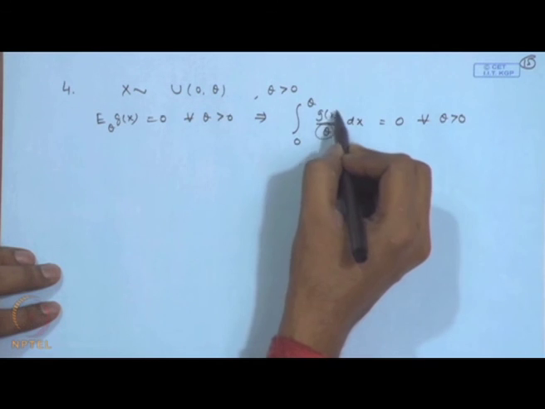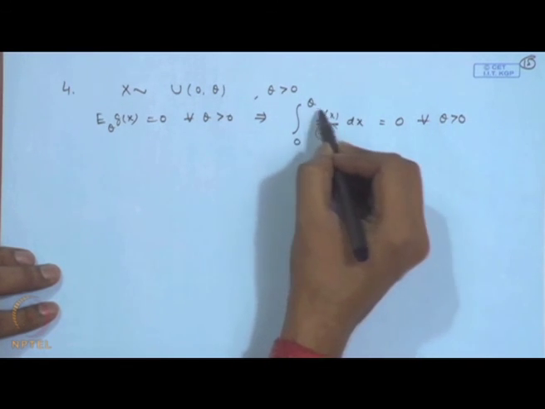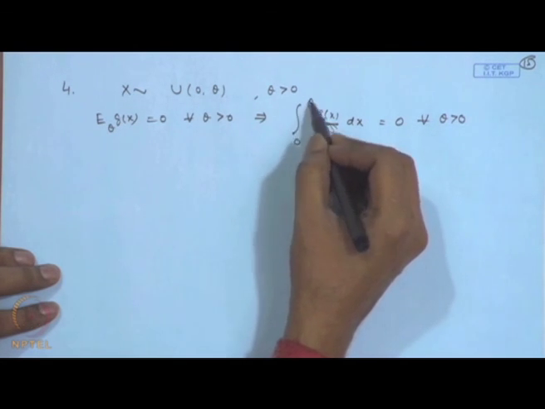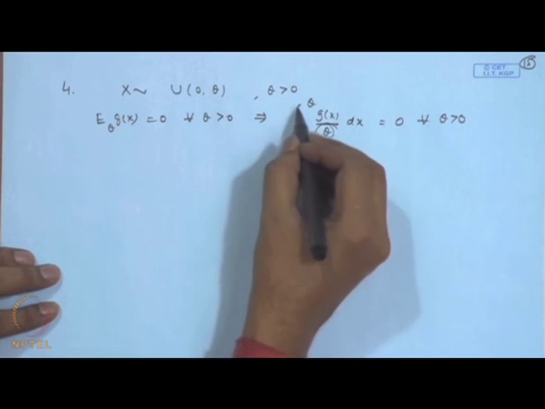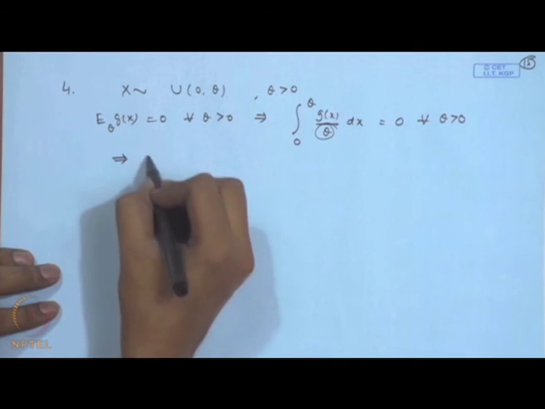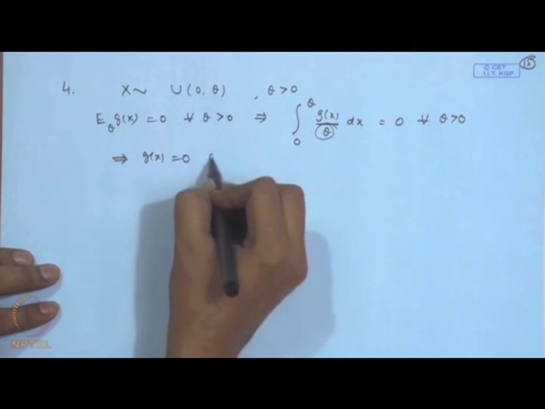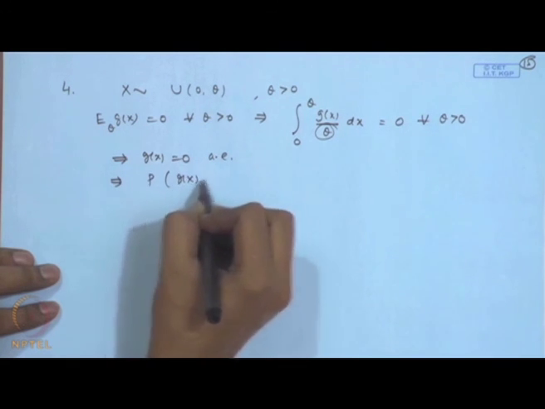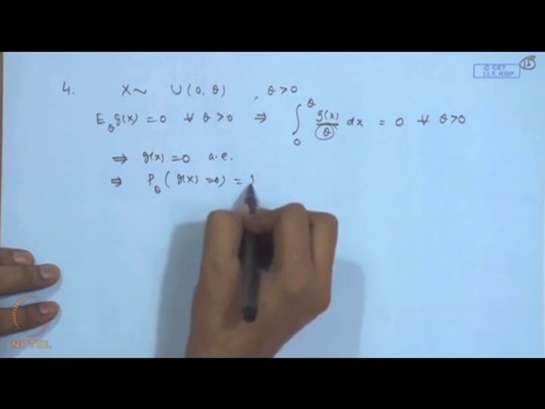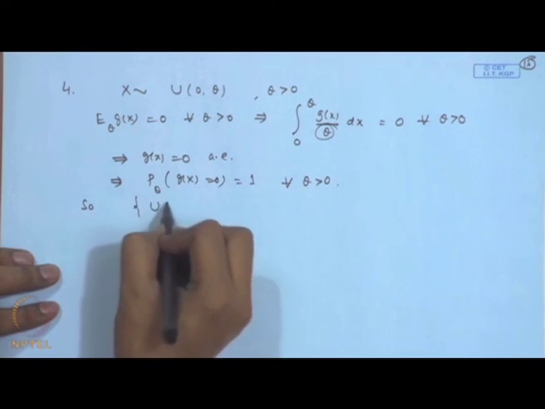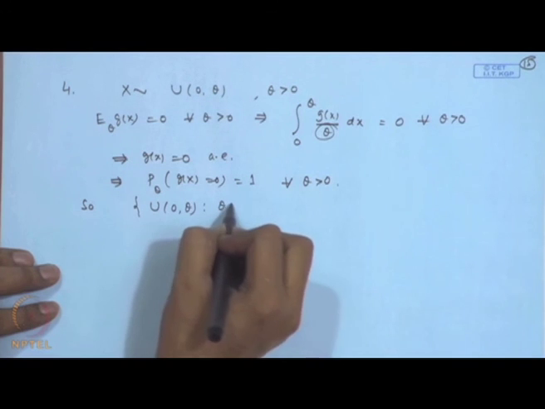So, what we are saying is that the integral of g(x) is 0 over all the intervals of the form (0, theta). Therefore, using Lebesgue integration theory, we can say that the function g(x) itself is 0 almost everywhere. That means the probability that g(X) is equal to 0 must be 1 for all theta. So, the family of uniform distributions is also complete.